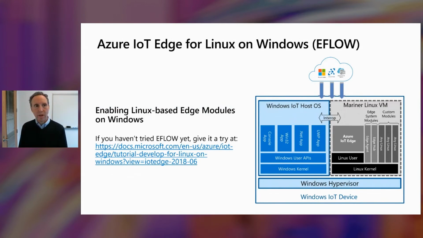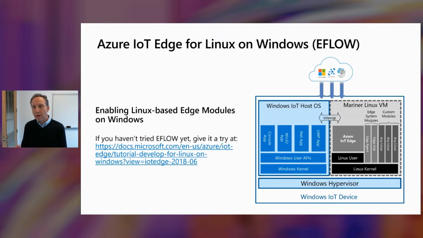I mentioned this earlier, and really what EFLOW is, it does two things. It makes it easy to connect to Azure IoT Edge and run Linux Edge modules on a Windows device. And specifically, on the right-hand side of this slide, you see this diagram. It's a Windows device. The left hand shows the Windows host operating system and Windows applications running.